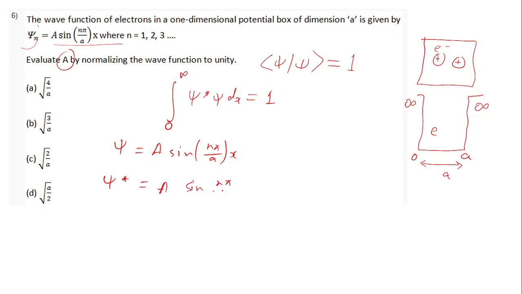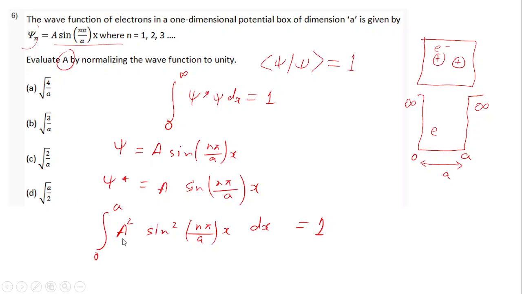There is no imaginary part which will change its sign, so everything will remain the same. When we take their product, I get A square sine square n pi by a x, and the integration will be from 0 to a dx. And we have to equate it to 1.